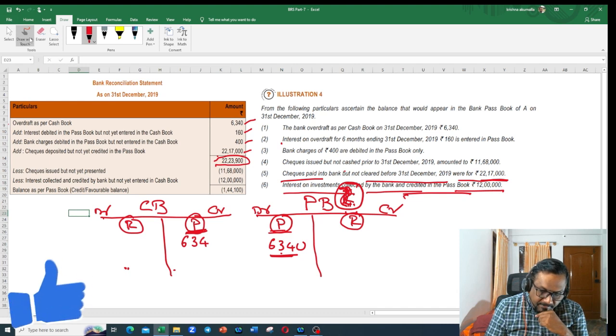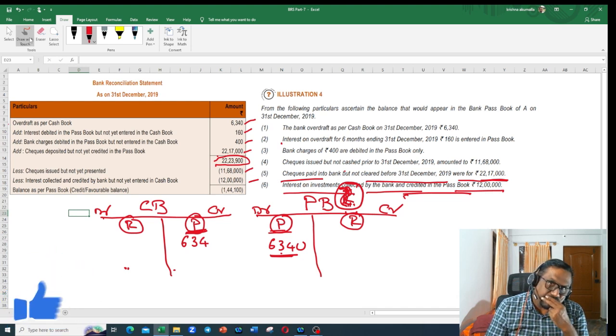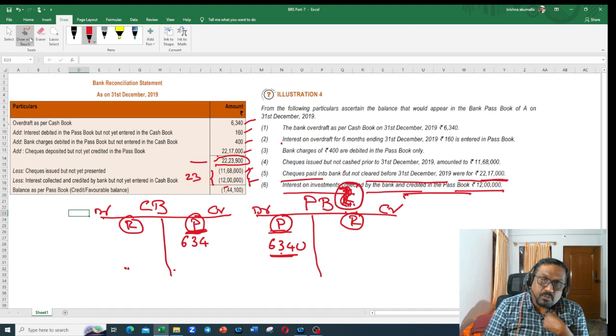From this, 11 lakh 68,000 and 12 lakhs, that means 23 lakh 68,000 we need to reduce. If I reduce these two, this is 22 lakhs. These two put together are 23 lakhs. That means my less amount is on the higher side. So when I deduct that, I'll get a minus value. 1,44,100 is the minus value.